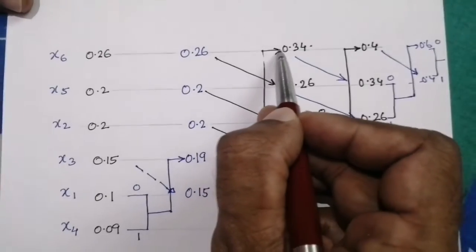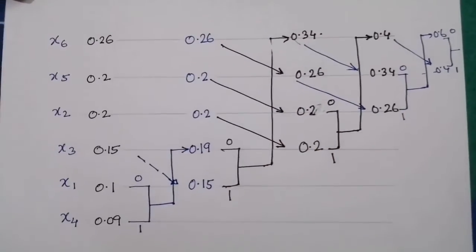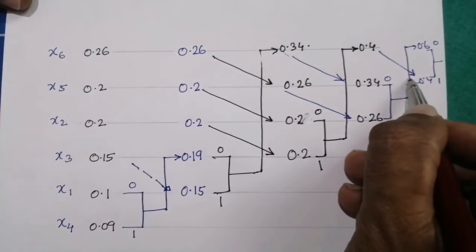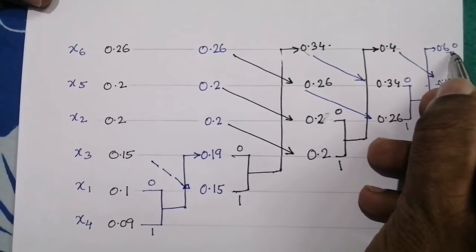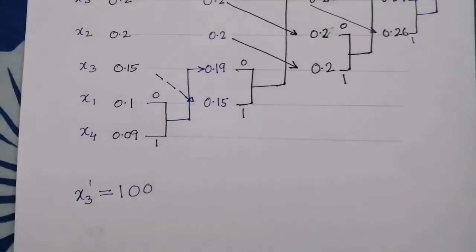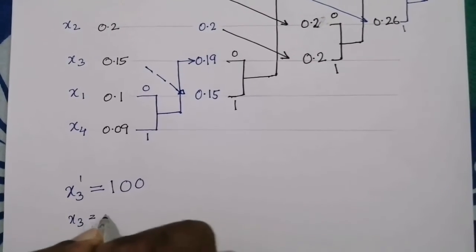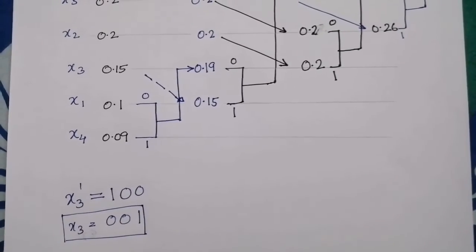It will go from here to here. So you will get another code 0, then 0. Again I will trace out this particular line, so I will finally reach code symbol 0. So this is x3 dash. Now the actual x3 is 0, 0, 1.